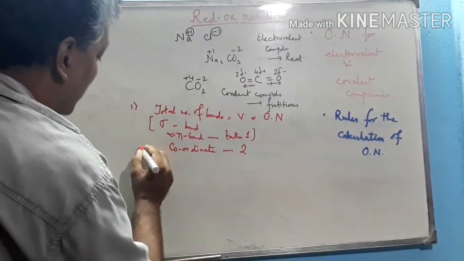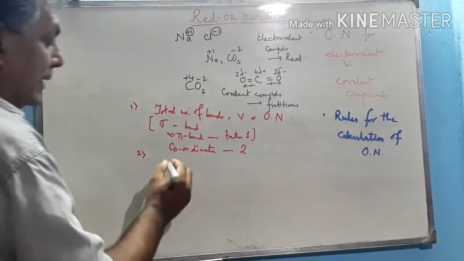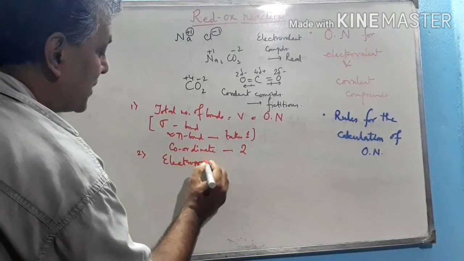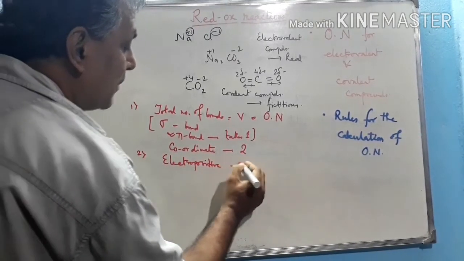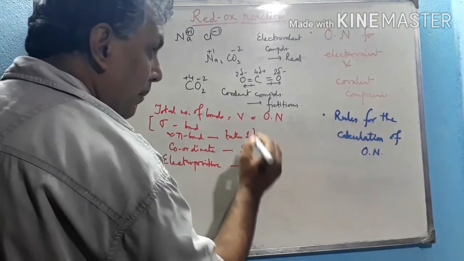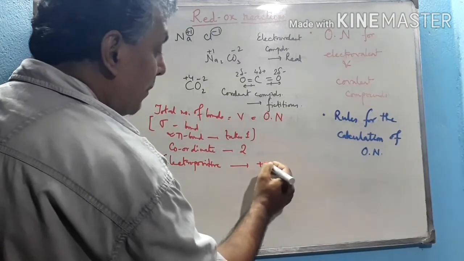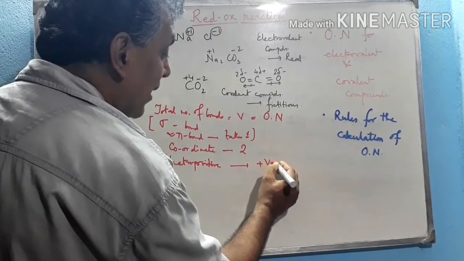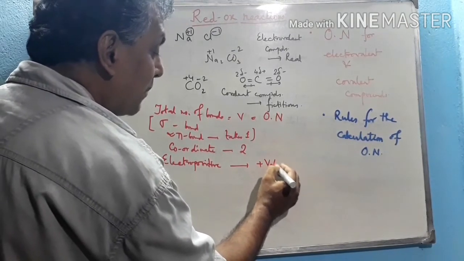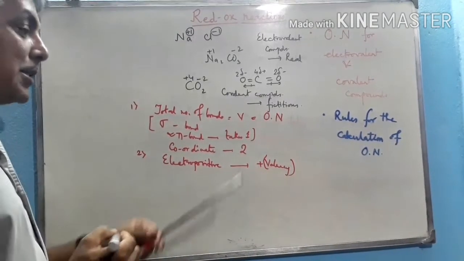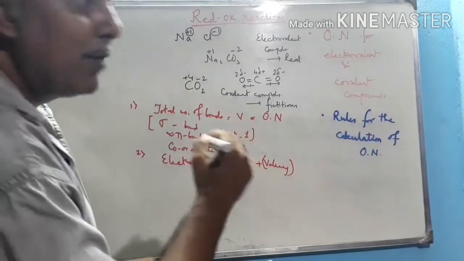is 2. Now, in case of the more electropositive substance, we place a prefix plus with respect to the valency. So first write the valency of that particular atom or radical, and before it as a prefix give a plus sign.